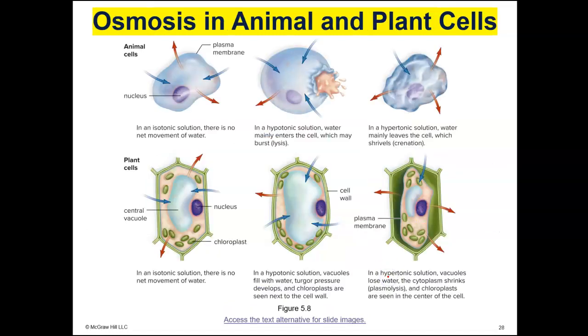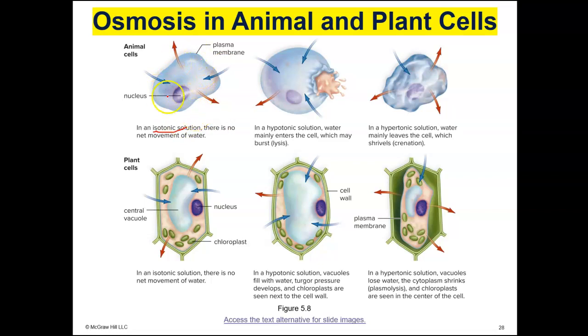So in an animal cell, like a red blood cell, when that cell is placed in what we call an isotonic solution, isotonic means that the solution outside that cell has an equal solute concentration to the cytoplasm inside the cell. So there's going to be some movement of water in and some movement out, but there's not going to be a net movement in or out.